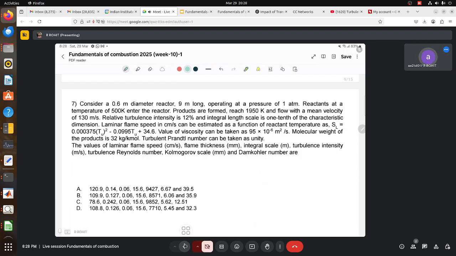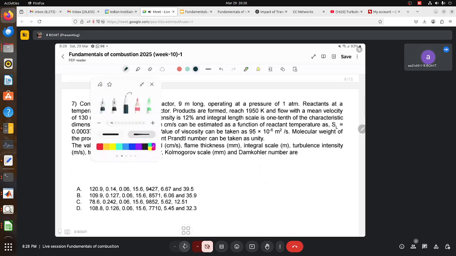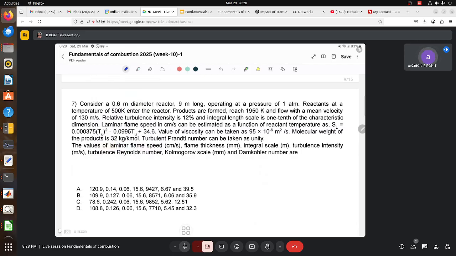So we will first look into finding the laminar flame speed.